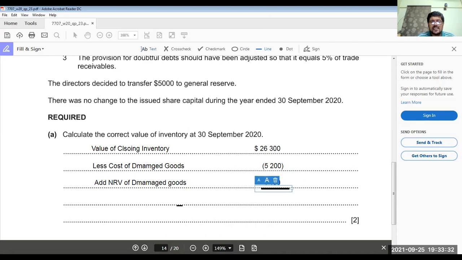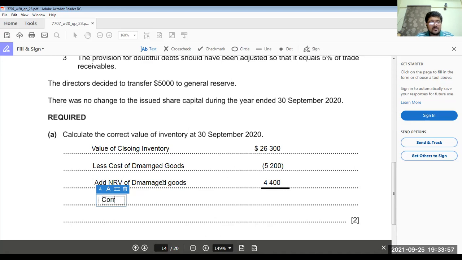This is according to IAS 2. So 26,300 minus 5,200 plus 4,400, and inventory is 25,500.